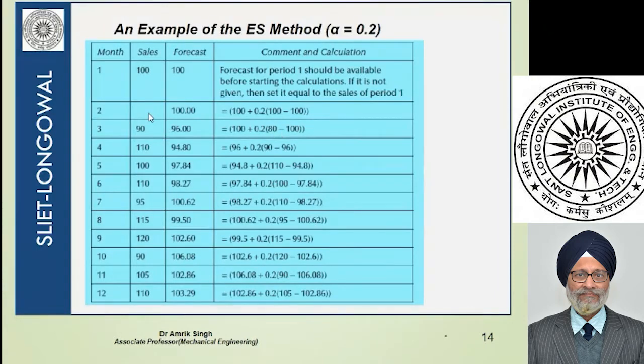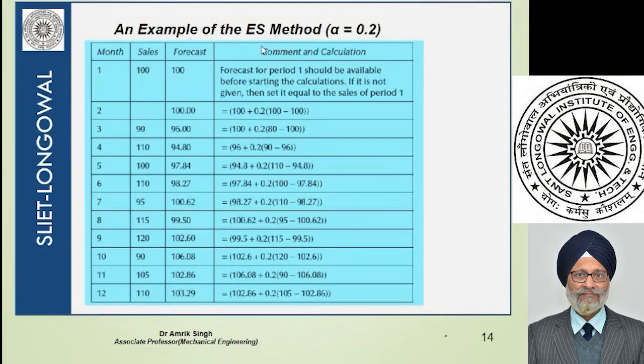This value is not missing here; it is 80. Now for the third month, the forecast value is this 96 plus 0.2 times 90 minus 96. So I think you get this point.